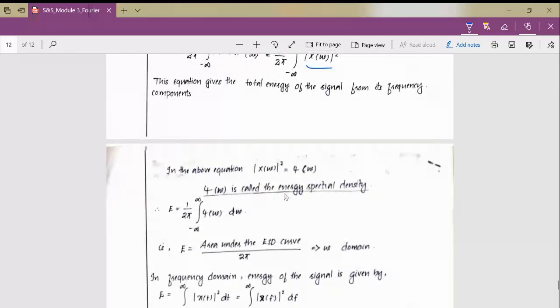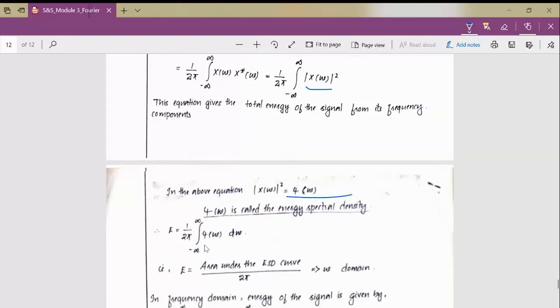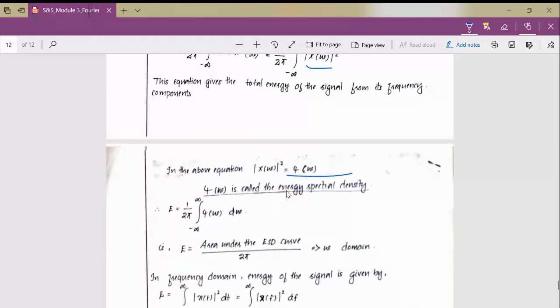So in the above equation, we are rewriting magnitude of x of omega the whole square as psi of omega. Here psi is known as the energy spectral density. So the energy spectral density, ESD, is represented as psi of omega.